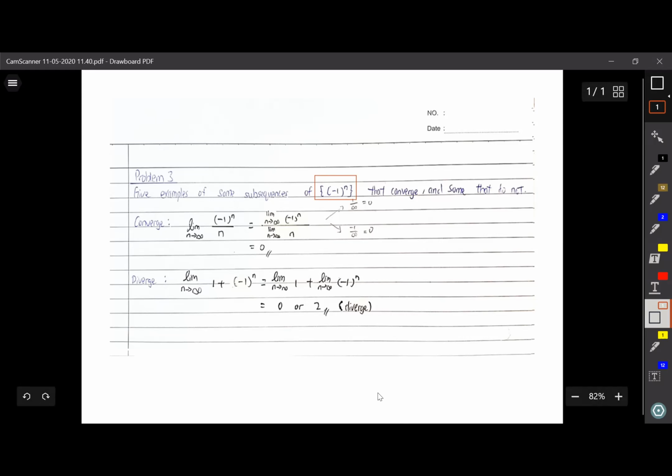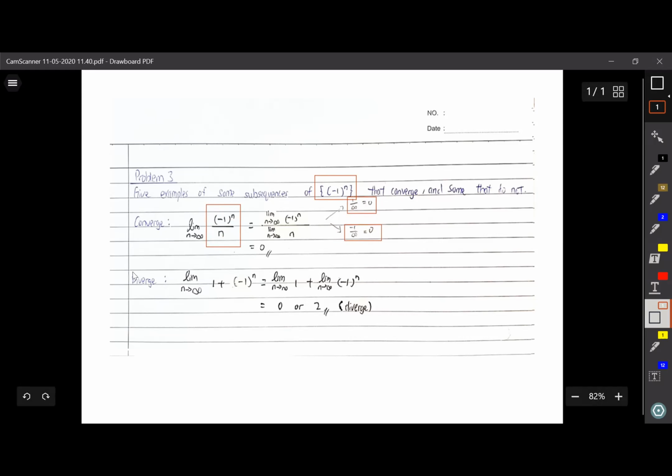So my idea to make it converge is I will divide by n. I divide by n, so it will become something like 1 over infinity equal to 0 and -1 over infinity equal to 0, which will make it converge to 0.